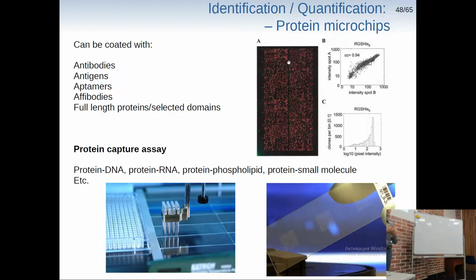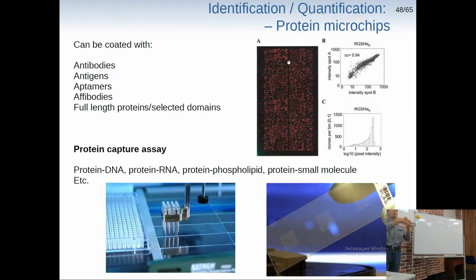For instance, you can separate different proteins from your cell. You can put them on such a slide, and then you can ask the question whether my protein of interest can interact with any of those proteins. You just put the solution of your protein of interest here, then you can wash it away, and to make sure that those complexes, if there are complexes between different proteins, stay there, you can fix them by means of some chemical agents like formaldehyde, for instance. It will covalently bind those proteins.